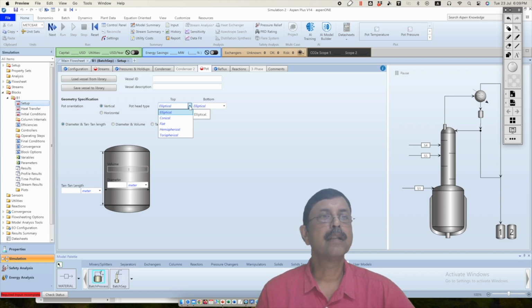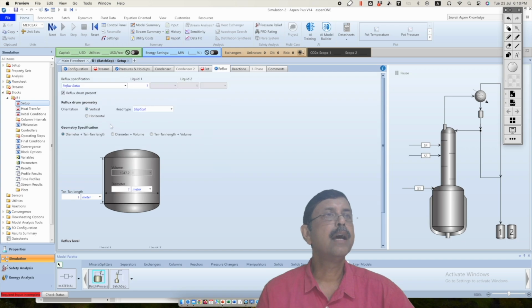Okay, so whether the bottom is of that nature or the top is of that nature, what is the tangent length, that is the cylindrical portion length, diameter or volume. Okay, all those information needs to be given.